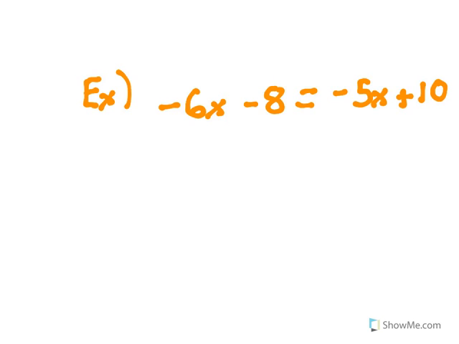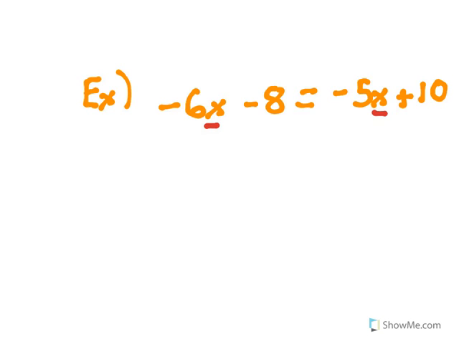We want to identify where our variables are because the x is what I need to get by itself. So if I've got them on both sides, what I want to do is pull them together. So I've got a negative 6x and I've got a negative 5x. You can decide which one you want to move. I'll move the negative 6x here.